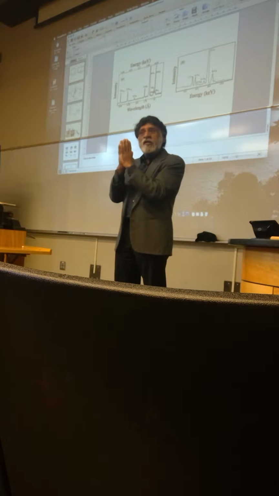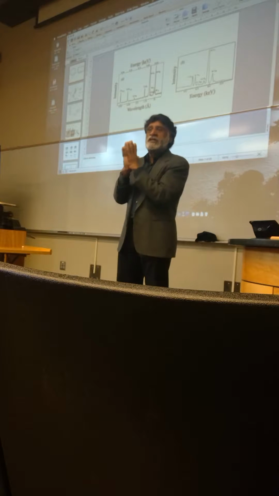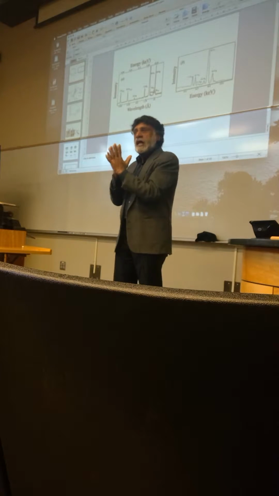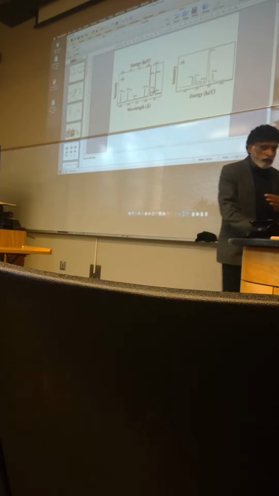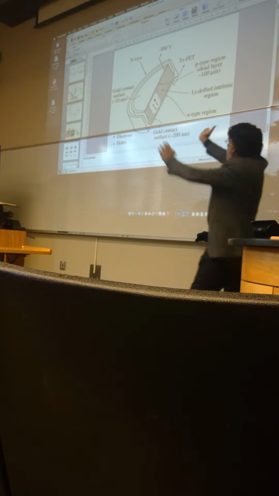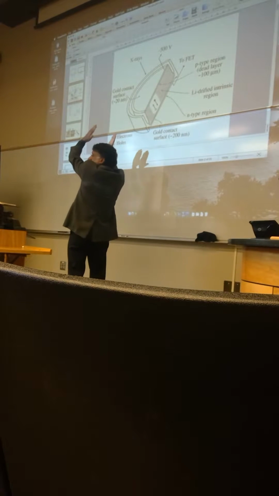All right. Now there is one other thing that I did not mention in the last class. If you look at this detector, this is a typical detector, it has a certain thickness.